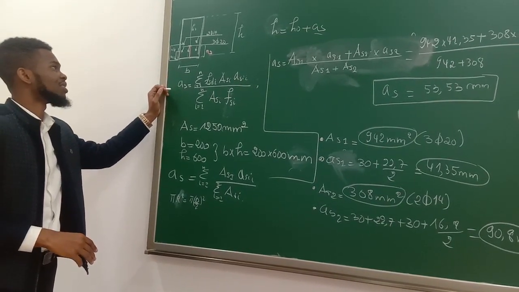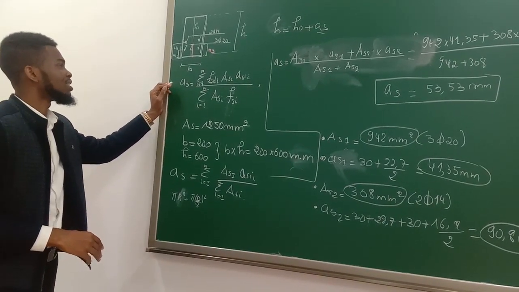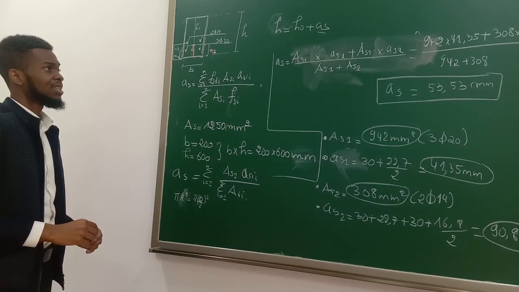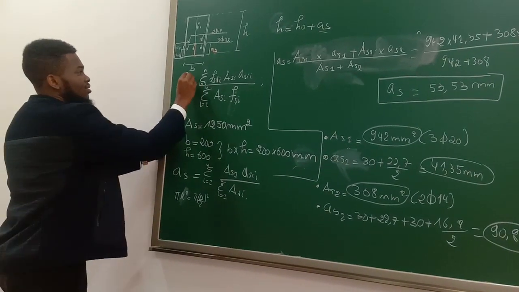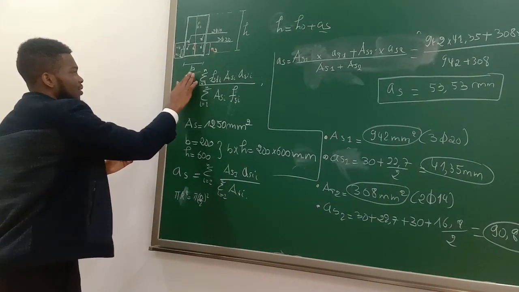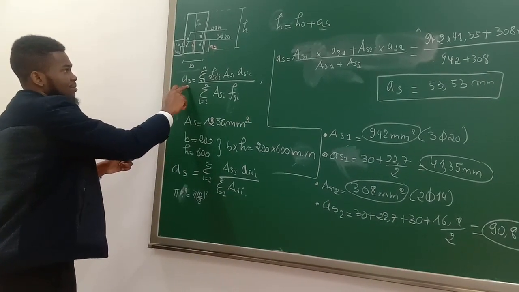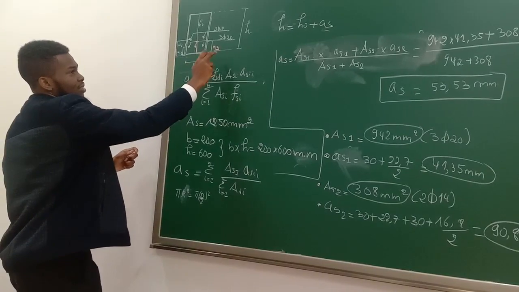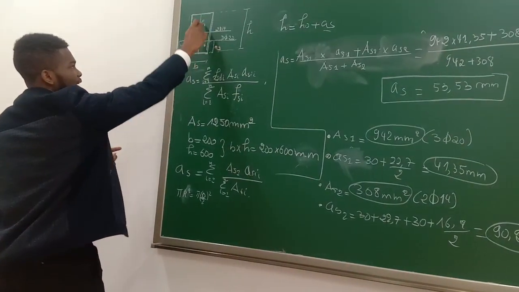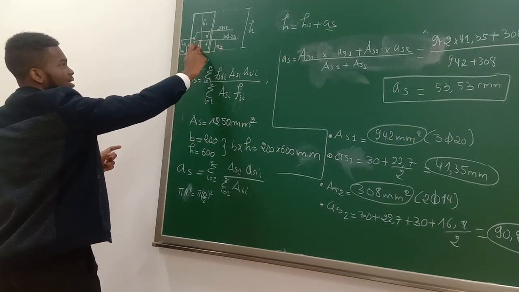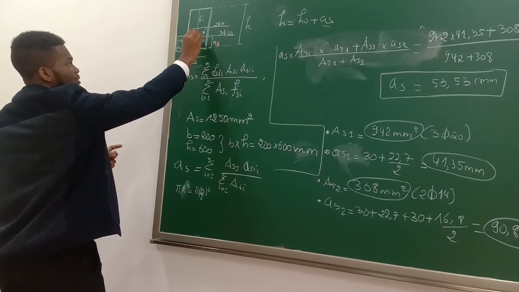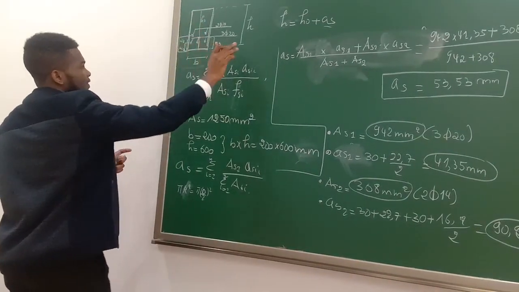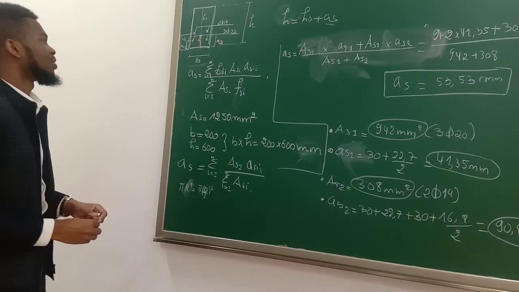For the calculation, we have some formulas that we have to keep in mind. Firstly is this great formula. This formula will help us to find the AS. Because if we find AS, it will help us to know the distance we have to put between the steel bars, and also it will help us to reinforce our concrete.